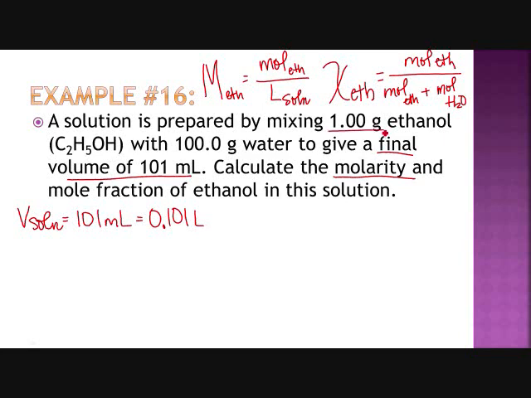But we need to know the moles of ethanol, and we know that we have 1 gram used. Do I need to also include the grams of water right now? No, if it's moles of something, you only use the grams of that part. So we will take our 1 gram of ethanol, and just like we did before, to get it to moles, we will divide by molar mass.